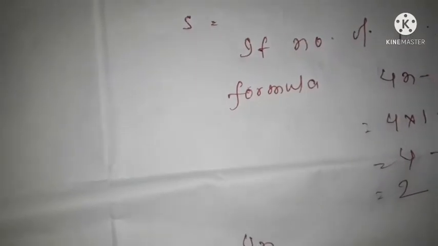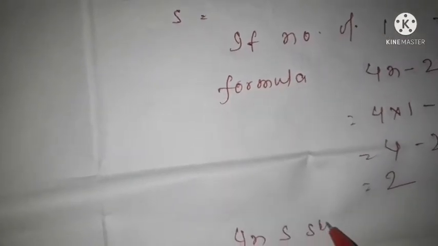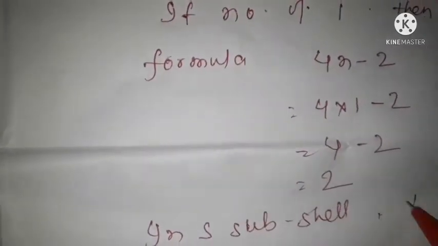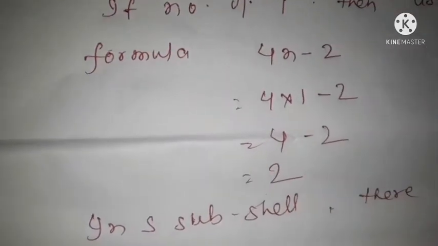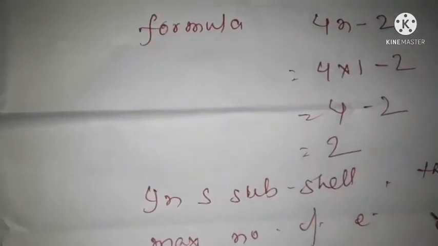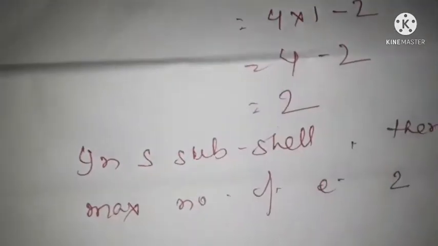So in the S subcell, the maximum number of electrons available is 2.